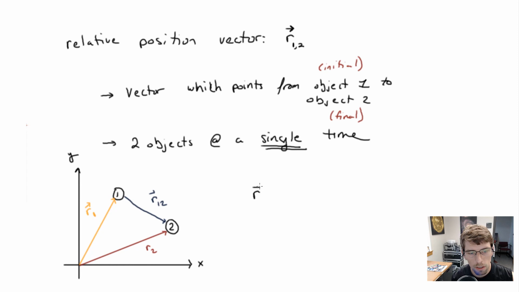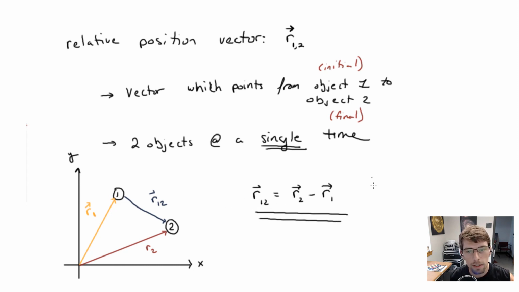R12 points to the location of object 2 from the location of object 1. So I kind of think of this as final minus initial still. It's pointing from 1 to 2, so the final is 2, the initial is 1. I do that subtraction.